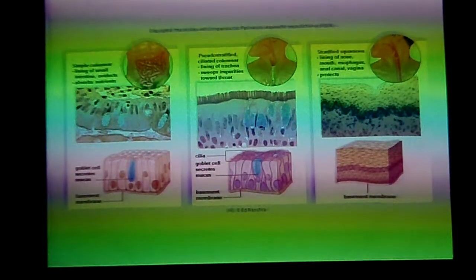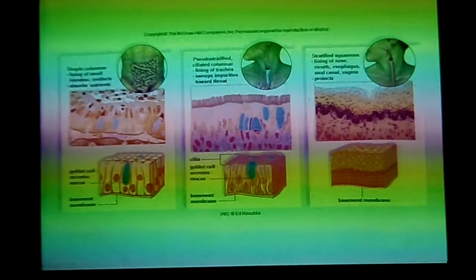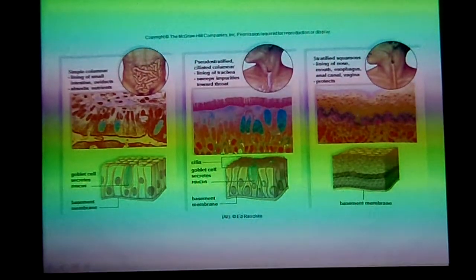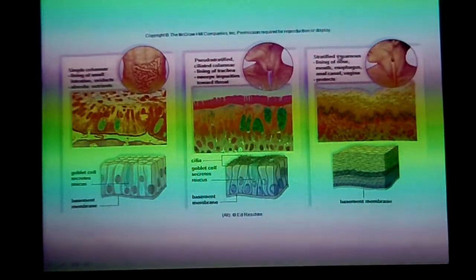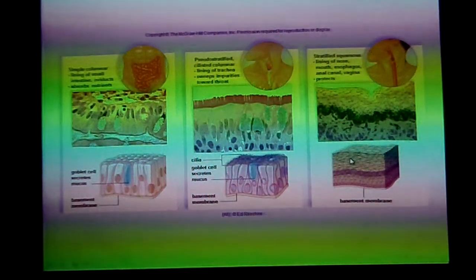Page 588. Where all this is. So, anyway, we got many layers. Stratified means many layers. Squamous means flat cells. So many layers of flat cells.